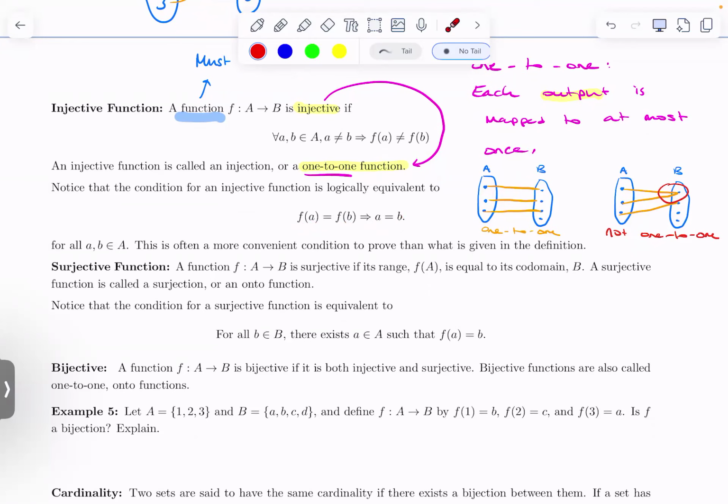And so usually what we do is we use this property to show that a function is one-to-one. I don't do it until the end, but we will use this property to show f is one-to-one. So we'll be able to show or prove if f is one-to-one or not.